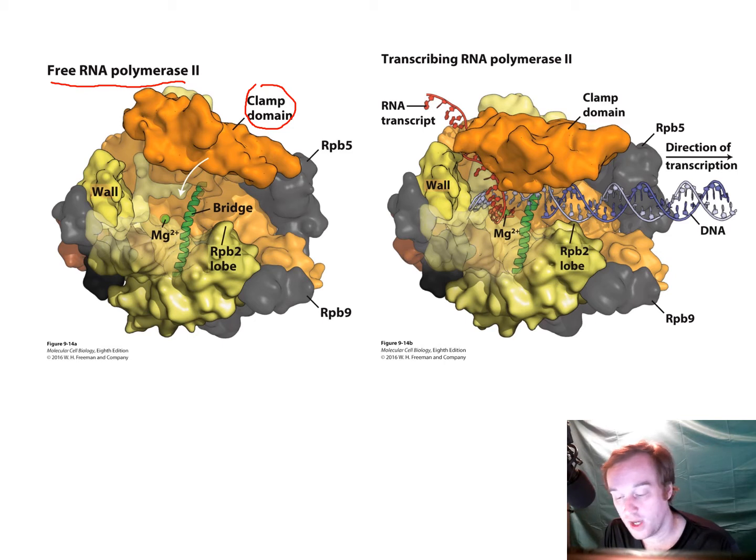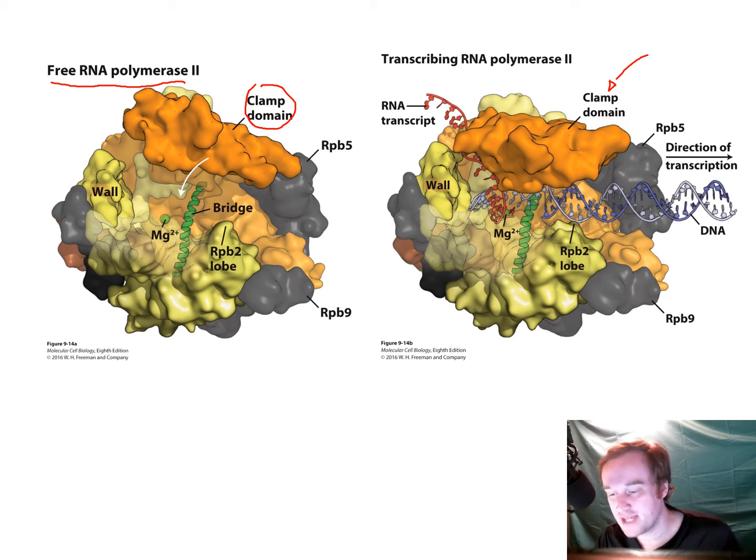Then when the RNA polymerase interacts with DNA, the clamp domain swings over the cleft and will kind of chomp down, so to speak, on the DNA. This happens during transcription, when the polymerase is doing its job.